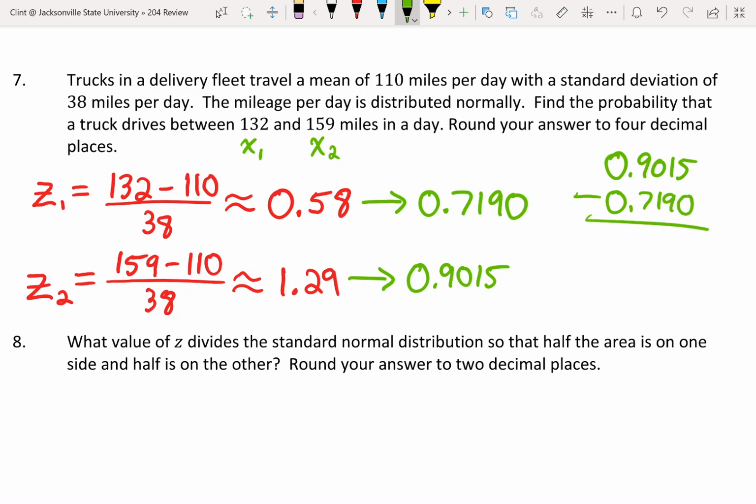I'm just writing it that way to save room. Final answer, I get 0.1825. Once you get the two Z's, it just turns into an area between problem.